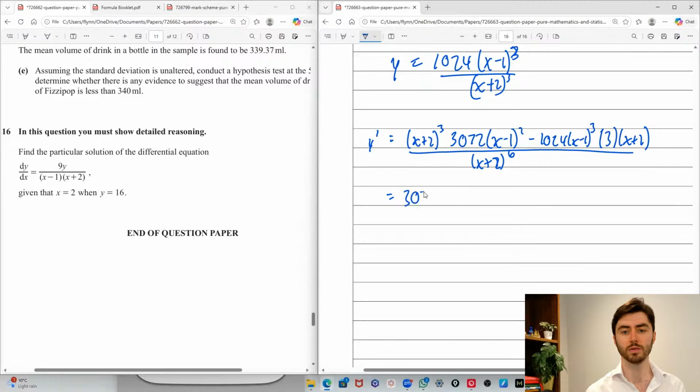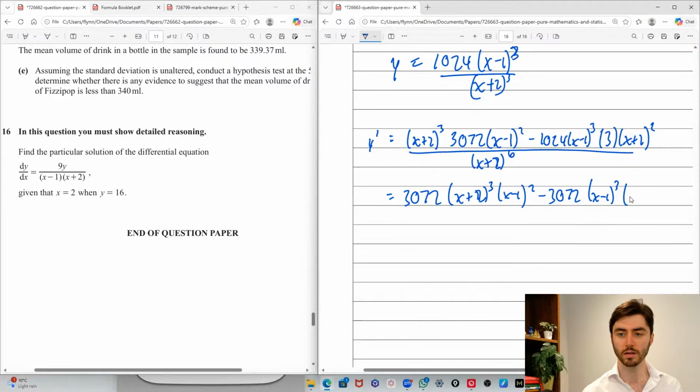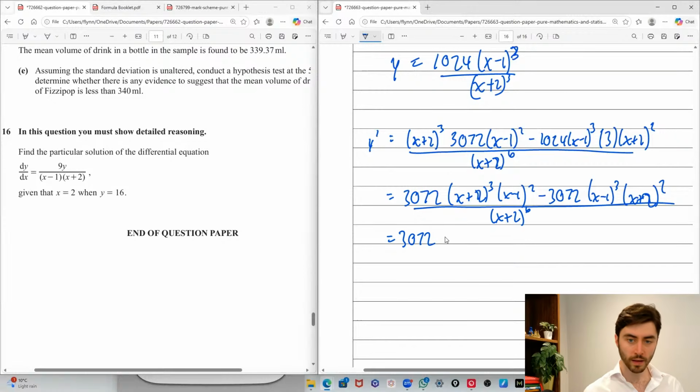So that is 3072(x+2)^3(x-1)^2 minus 3072(x-1)^3(x+2)^2, all over (x+2)^6. So in other words, it's 3072 into (x-1)^2 all over (x+2)^3 minus 3072 into (x-1)^3 all over (x+2)^4.